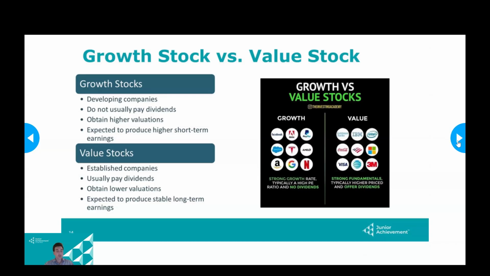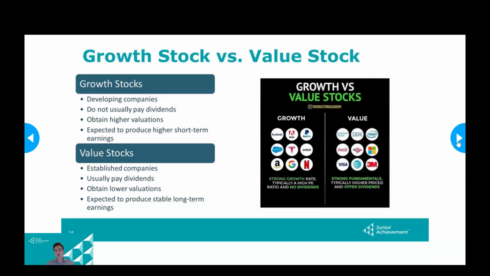Value stocks are different. They're more established and older: IBM, Intel, Coca-Cola, Visa, Microsoft. These are very traditional companies, more fundamental, with solid earnings, and they pay dividends because they are not going to grow at as fast a rate as a growth stock.